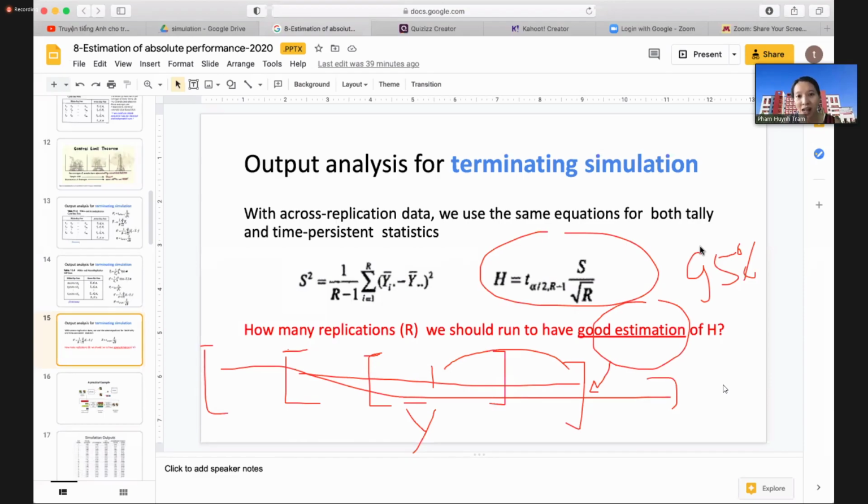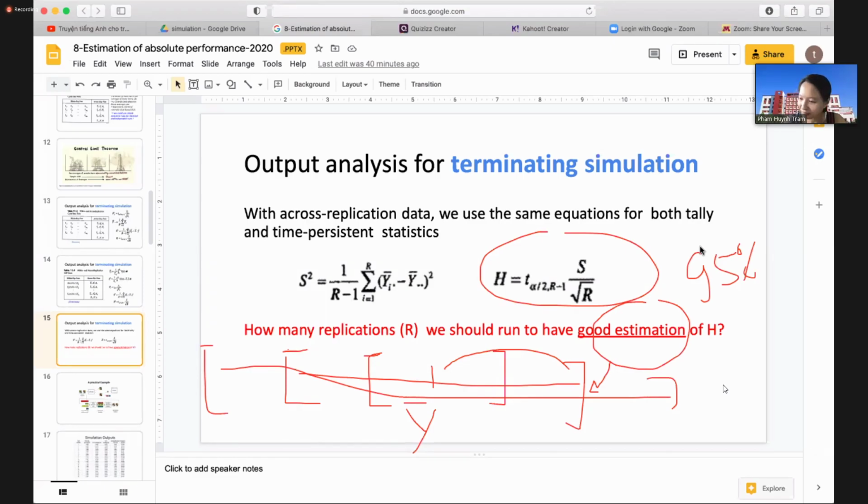How precise it needs to be depends on your expectation, but too wide is not helpful at all. In short, a good estimation refers to both: firstly, a high confidence level, and secondly, high precision in our estimation.